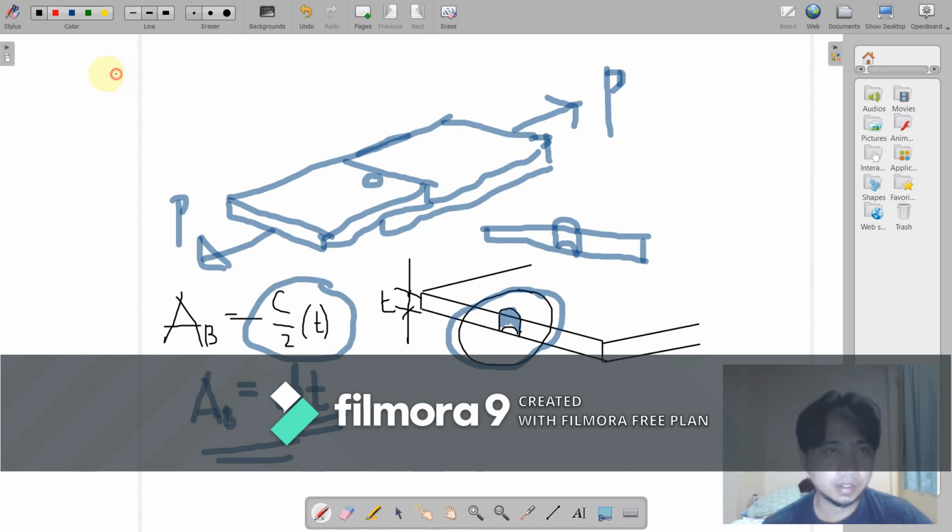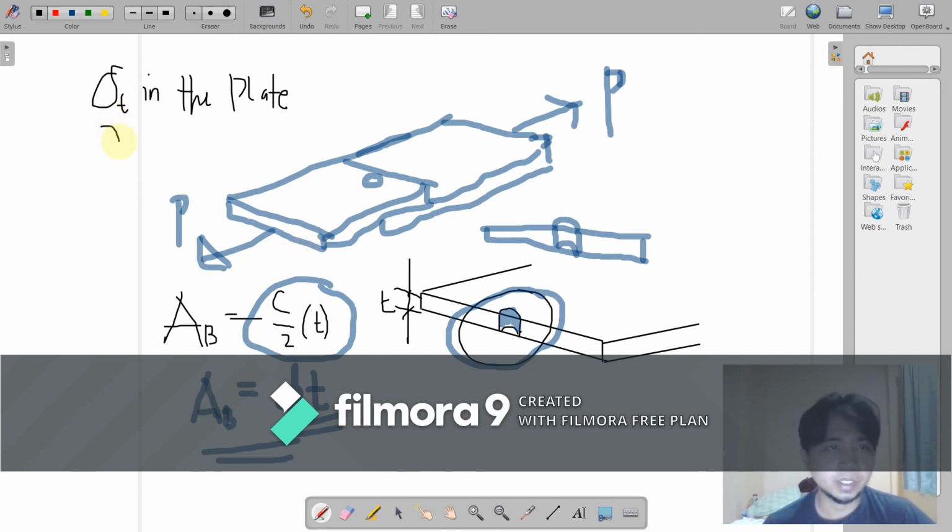Say we have sigma in the plate. Okay, sigma in the plate. What kind of sigma? It is in tension. Sigma, or tensile stress, in the plate.